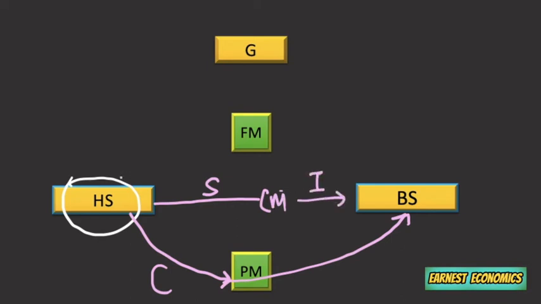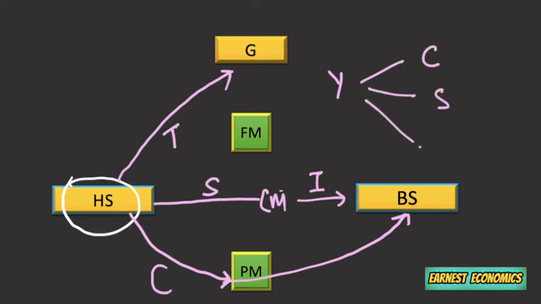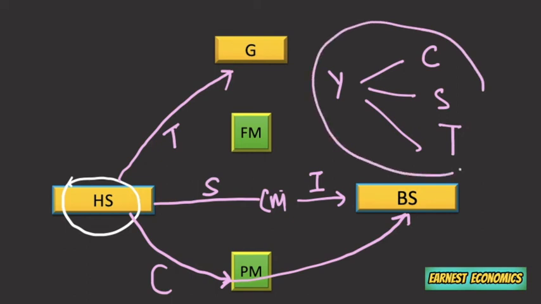And the third part of our income is given to the government as taxes. So income is distributed in three components: consumption expenditure, second is saving, and third is taxes. And again, this is very important for us to keep in mind.